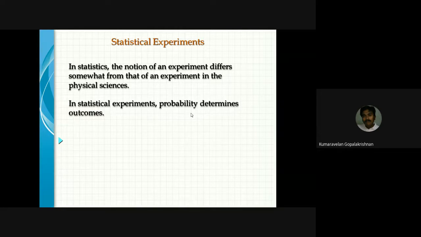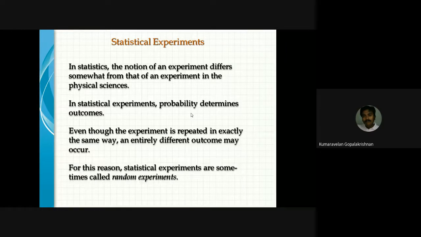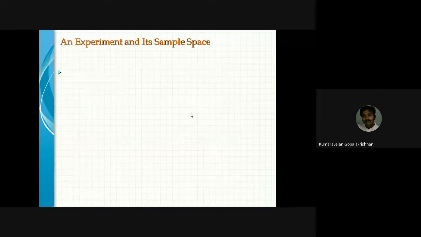That matters in statistics, right? Even though the experiment is repeated continuously or many times, you can't expect the outcome to be the same. That is the beauty. That's why the experiment here in statistics is called a random experiment. You can't predict the exact outcome. Okay, so here in statistics we will say only random experiment.